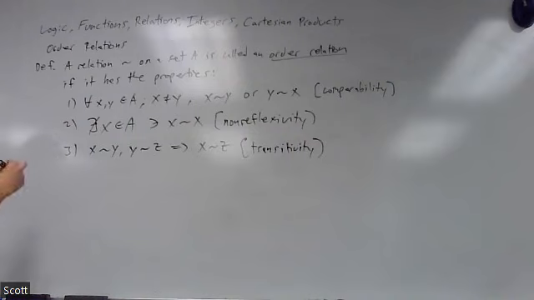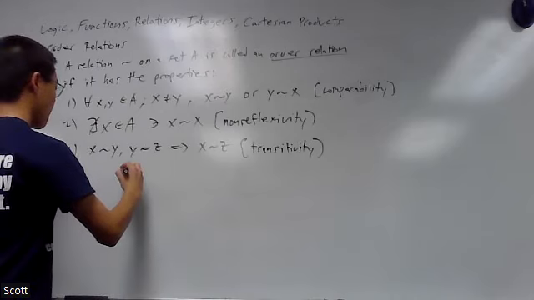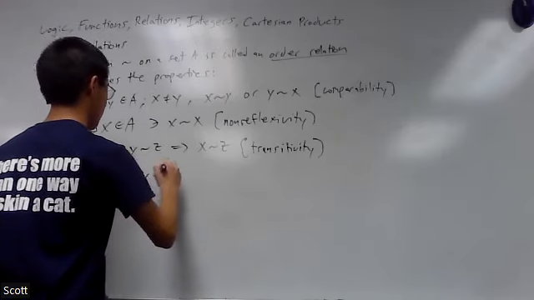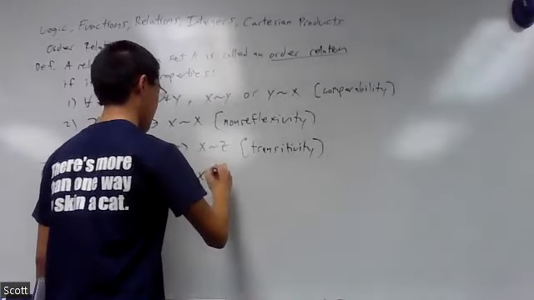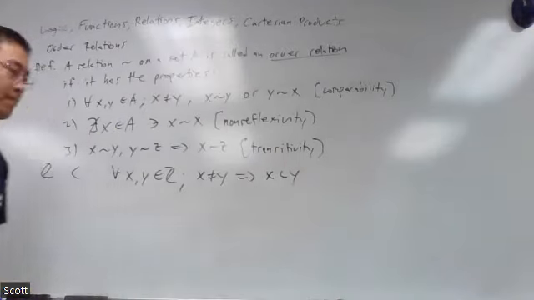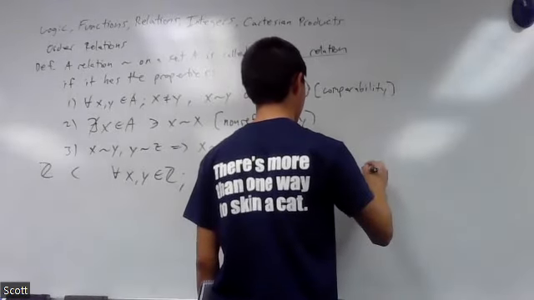So for example, when you put together the order relation on a set, I could have the integers as an ordered set together with less than, because it would be true that for all integers x and y, if x is not equal to y, then x is less than y, or the opposite, y less than x.